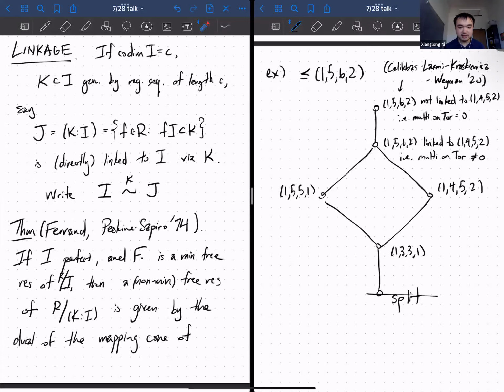Yes, thank you. I think Yoja has a question or comment. I just wanted to say that I think this Martsinkovsky-Strooker linkage is not what we call Buchsbaum-Rim linkage, at least I don't know the relation. Okay, yeah.